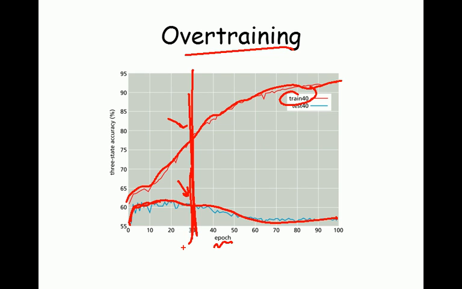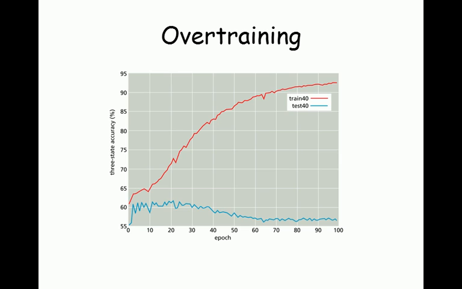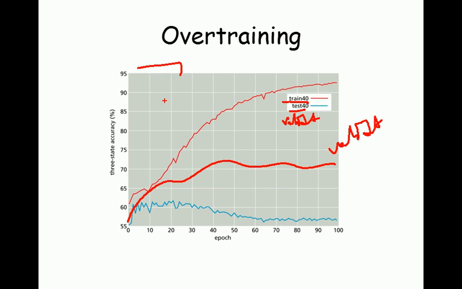To do this, what you usually do is take all of your known samples and divide them into different sets. We usually divide them into training, testing, and validation sets. Okay? So let's say the validation is here. And we keep training the network until the performance on validation doesn't improve anymore.